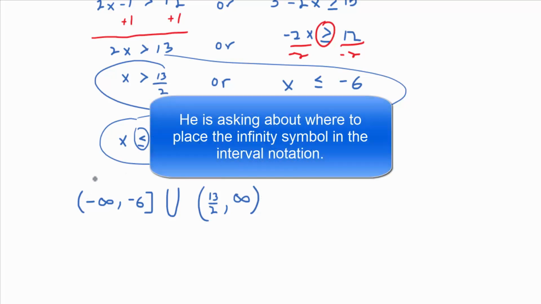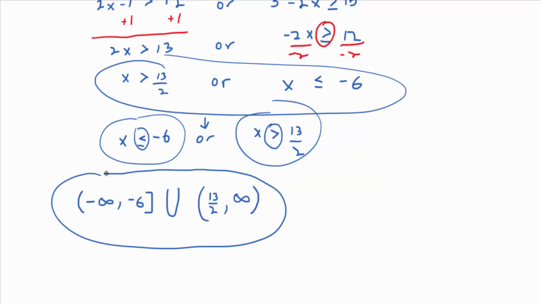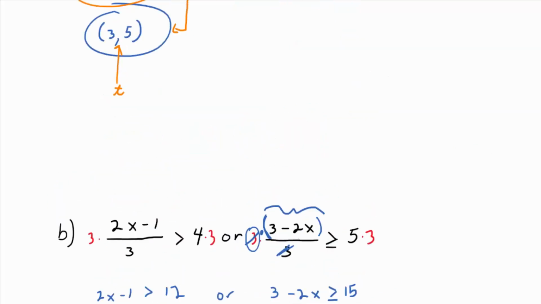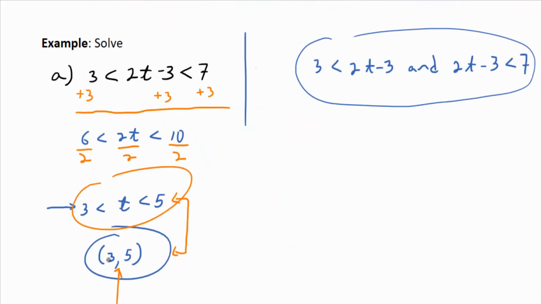Is the infinity always going to go on the side that the symbol is pointing to? If there's an infinity in the statement, it's always going to be on the right. And if there's a negative infinity in the statement, it's always going to be on the left. But will there always be an infinity in the statement? No. We saw an example a minute ago where we got the interval from 3 to 5.